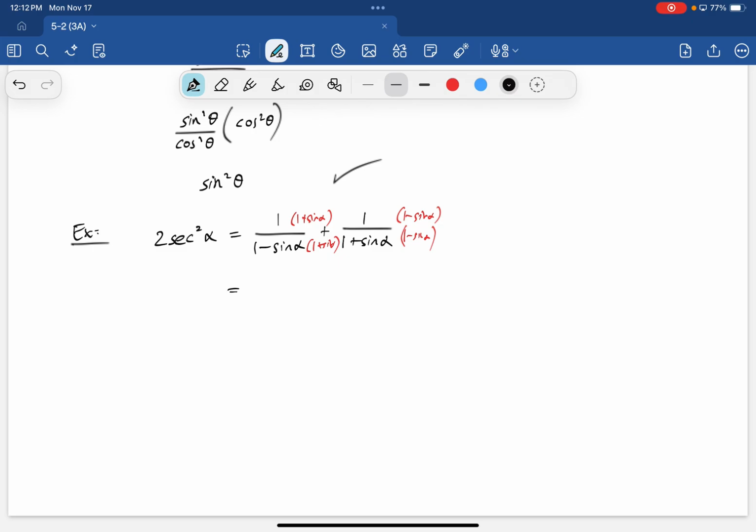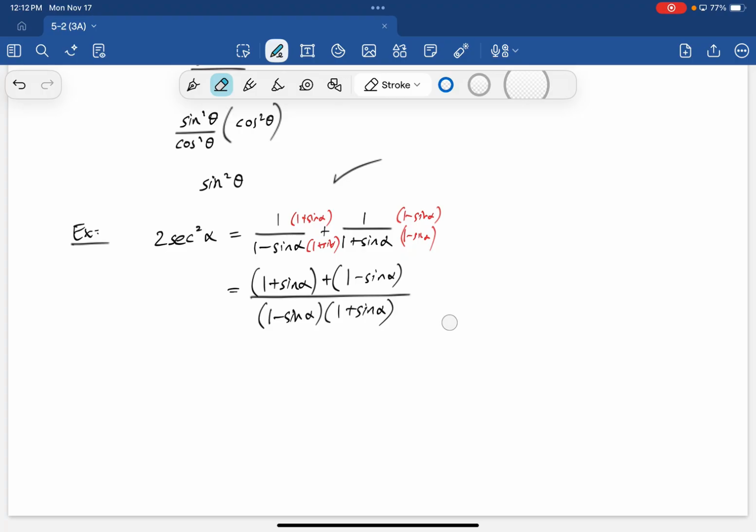And so the right-hand side is going to turn into 1 plus sine alpha plus 1 minus sine alpha, all over 1 minus sine alpha times 1 plus sine alpha. The parentheses in the bottom are very important. If you don't have them, you're writing something that's incorrect. You guys have that habit of dropping parentheses.